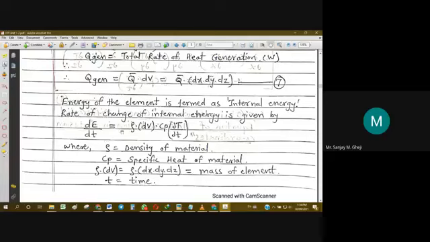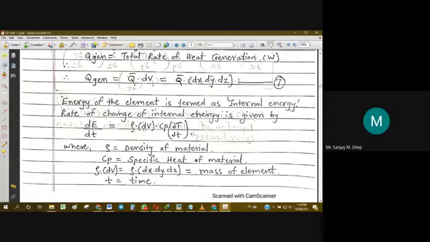So dE by dt is equal to the rate of change of m Cp delta T. Now mass will be written as density into volume of the element, because density is kg per meter cube, that is mass per unit volume, multiplied by volume, so that turns into mass.